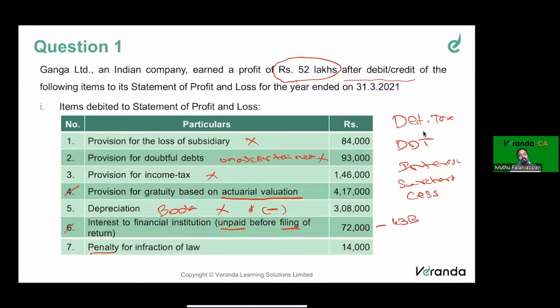Penalty for infraction of law. Again, section 37 in your regular provisions says whatever is not in accordance with law, or something which is even illegal, is not an eligible business expenditure. So penalty is not an eligible expenditure under section 37.